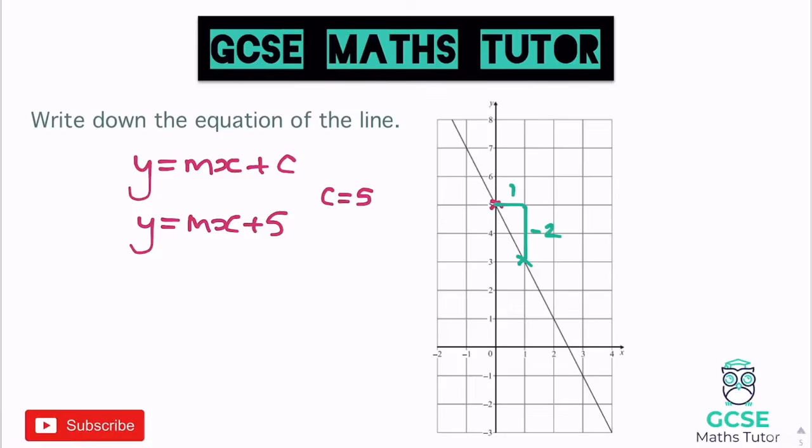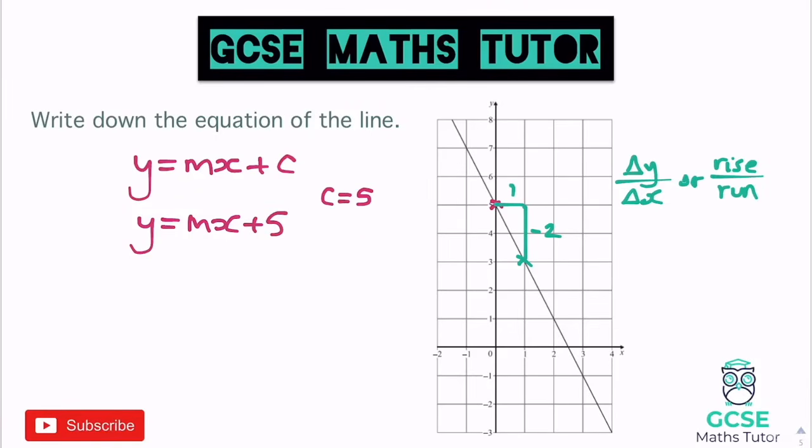Now the equation to get the gradient, there are two different ways that you can look at it. You can use this little triangle, which means the change in, so it's the change in the y coordinate over the change in the x coordinate, and it's sometimes referred to as rise over run. You might know one of these two, but change in y over change in x, or rise over run.